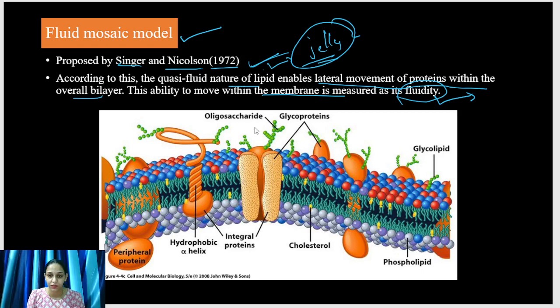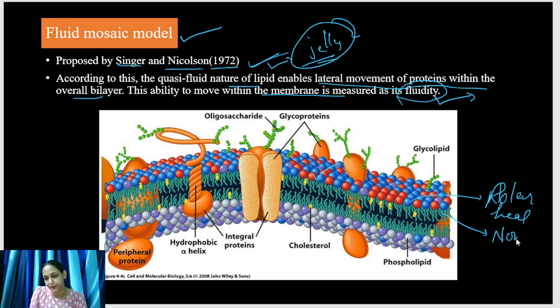Come to the structure of cell membrane. These are the phospholipids. Non-polar part, polar part, polar head, and non-polar tail. This is the area of hydrophobic nature.